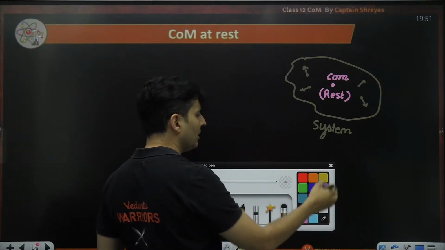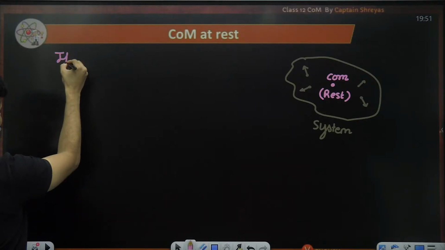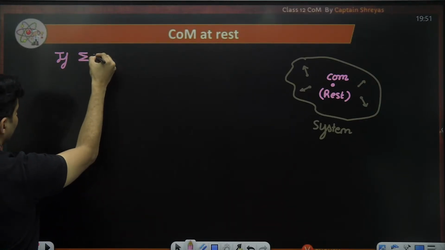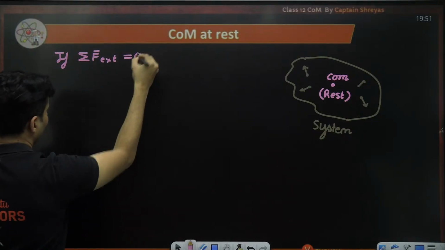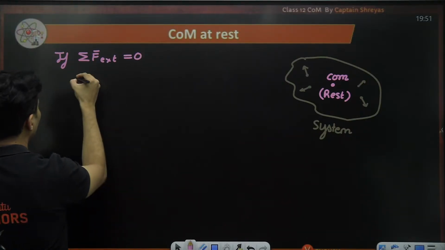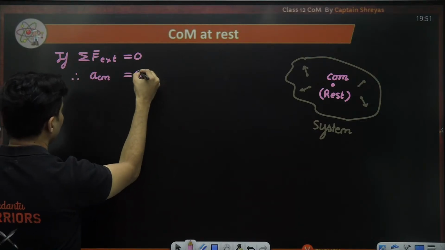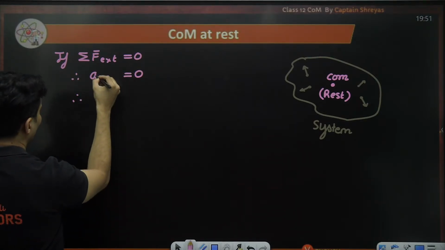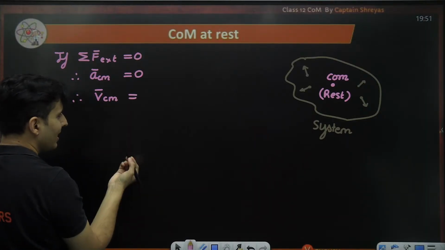Now, when can you say center of mass is at rest? If the net external force is zero, what can I say? Acceleration of center of mass is zero. Therefore, what can we say about the velocity of center of mass? Lot of you will say, sir, zero.